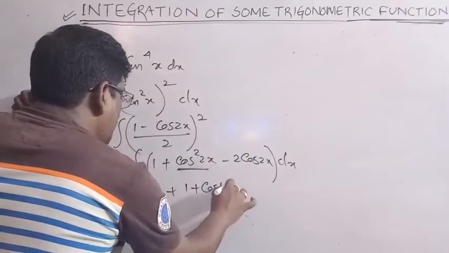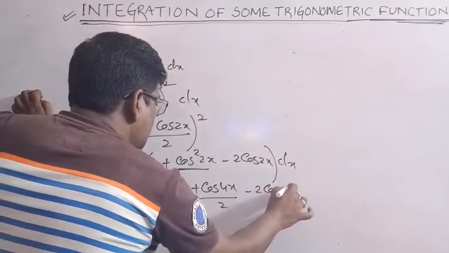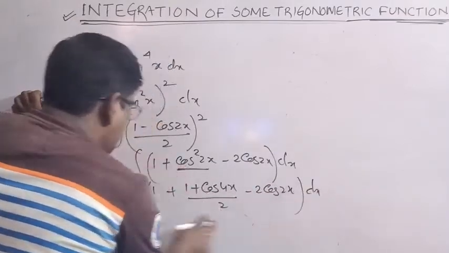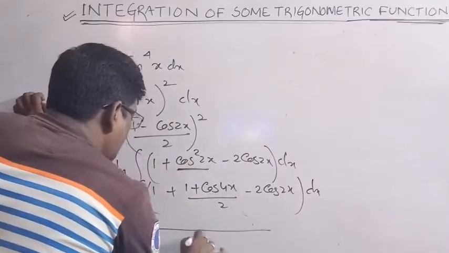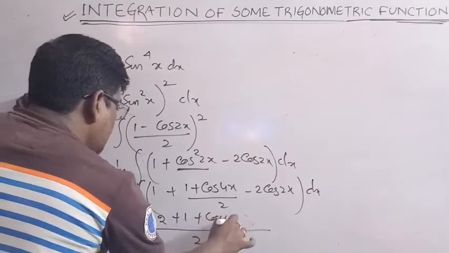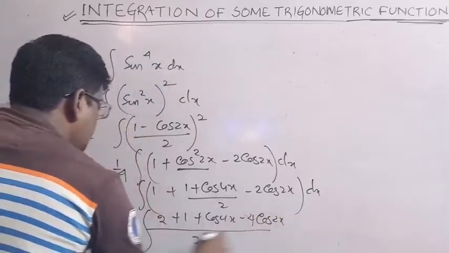So 4x by 2 minus 2 cos 2x whole into dx. So LCM is what? 1 by 4, LCM 2. So 2 plus 1 plus cos 4x minus 4 cos 2x, integration dx.